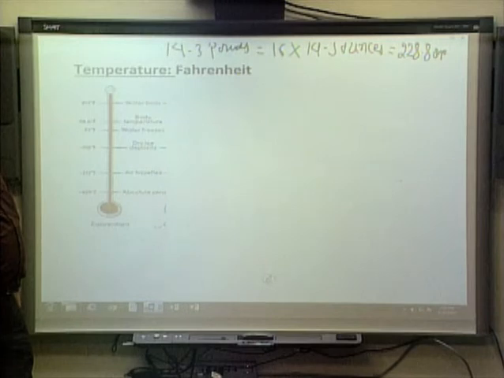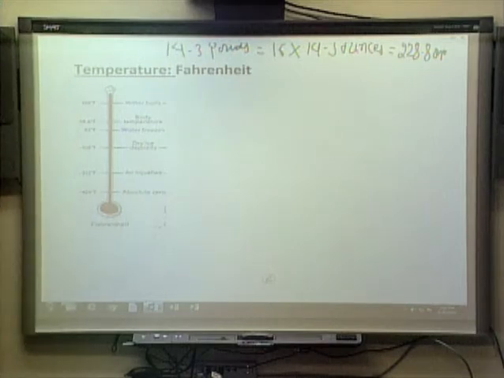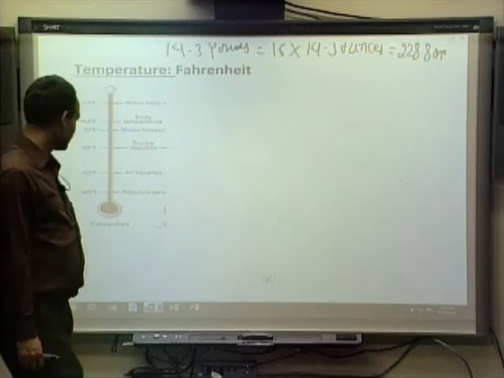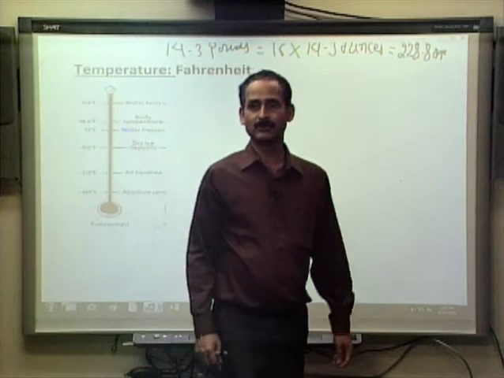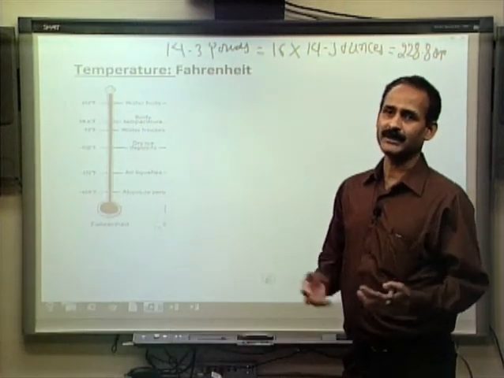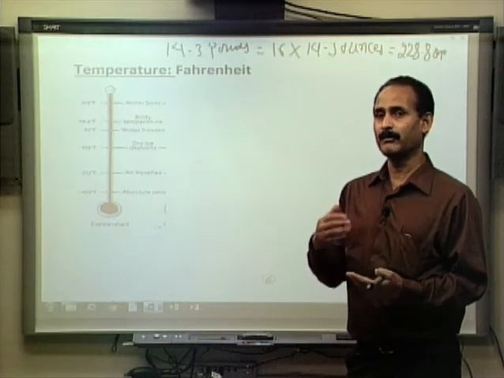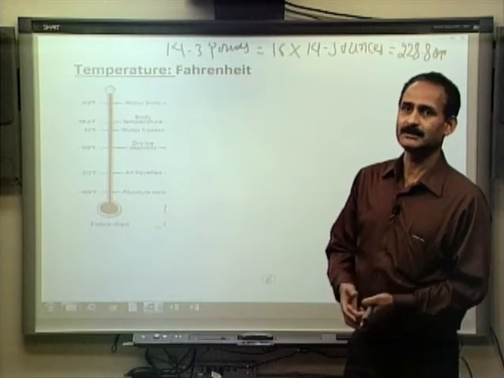Negative 108 degree Fahrenheit is when the dry ice deposits. Negative 312 Fahrenheit is when air becomes liquid, and negative 459 Fahrenheit is what we call absolute zero. We are familiar in United States that our unit of measuring temperature is Fahrenheit.